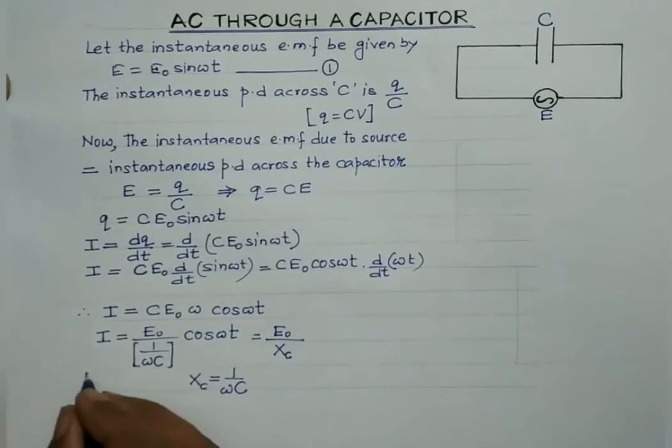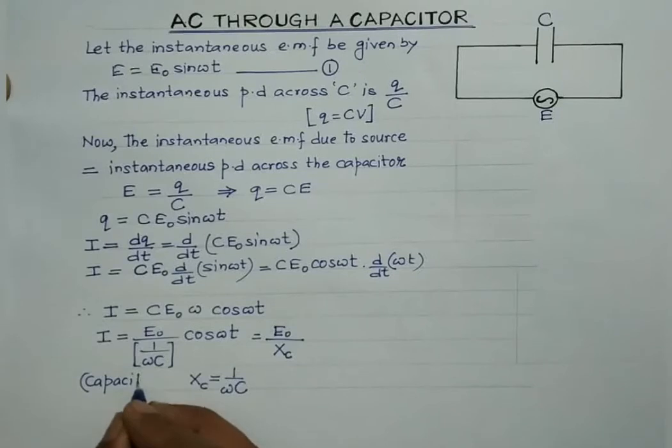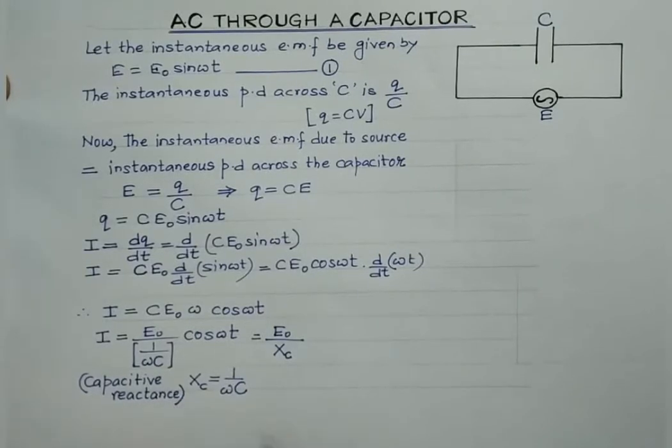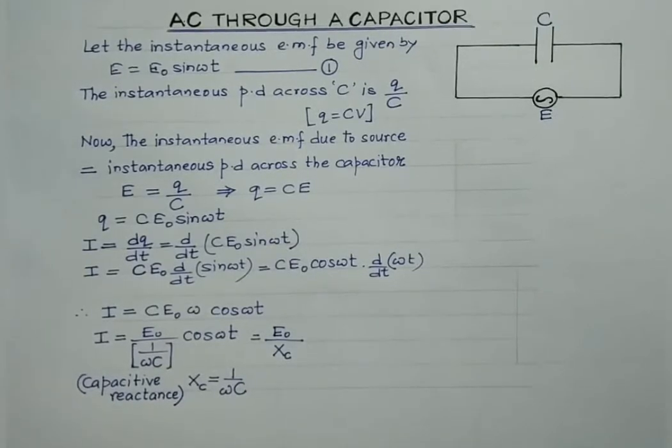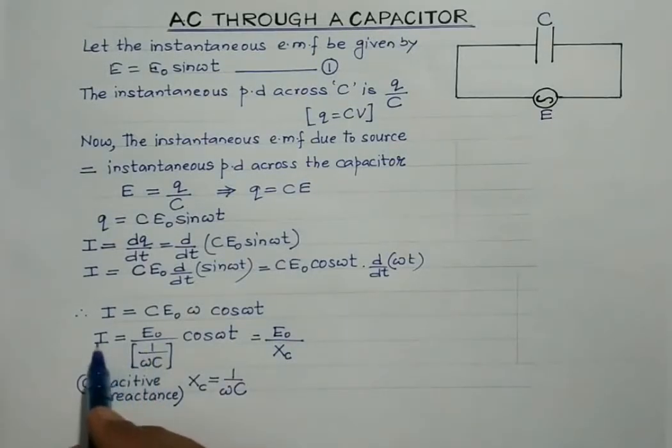This XC is known as the capacitive reactance. It is defined as the resistance offered by the capacitor to the flow of current, right? Now look students, over here ampere is volt divided by ohm.